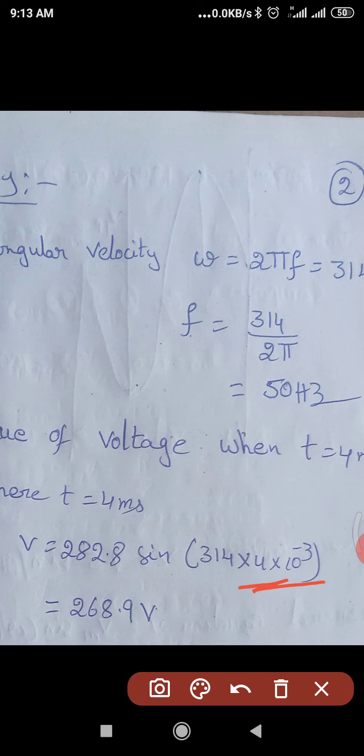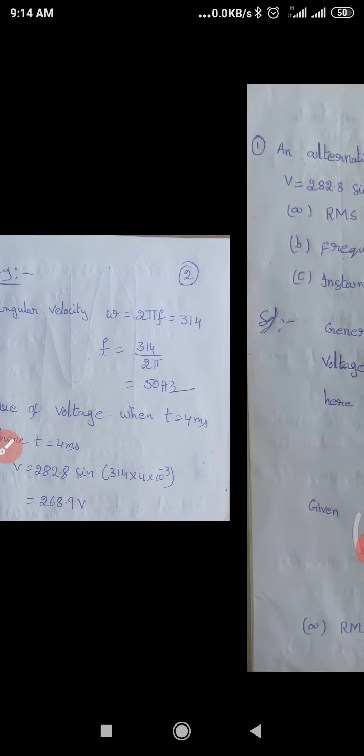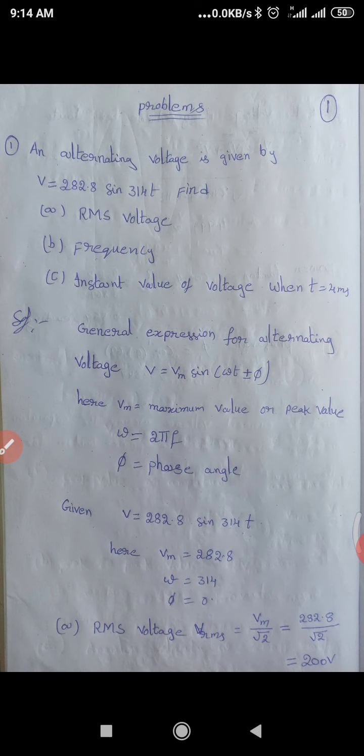Now substituting all the values, we get V is equal to 268.9 volts. This is the instantaneous value of the given voltage. That means at t is equal to 4 milliseconds we are getting the value 268.9 volts. So here we calculated all the values asked in the problem.